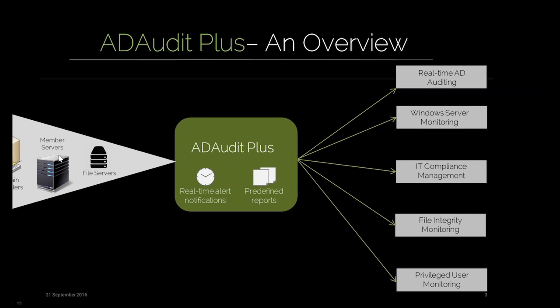In order to get the required information, not all the events will be read by ADAudit Plus, but there are a few reports in ADAudit Plus using which you can track the changes that happen on the organizational unit, or changes on the custom attributes, the attributes that you have extended in your schema, or changes happening on the group policies.